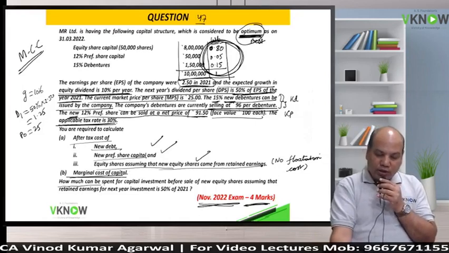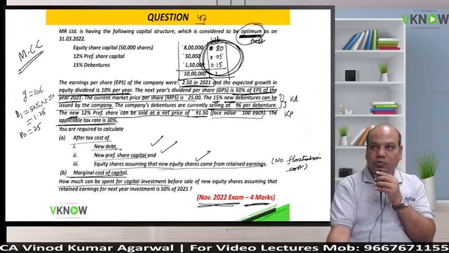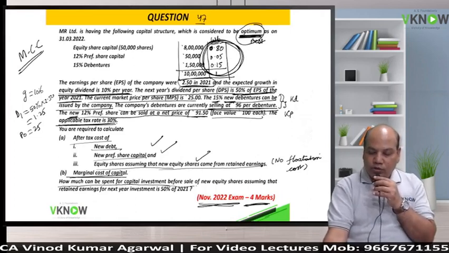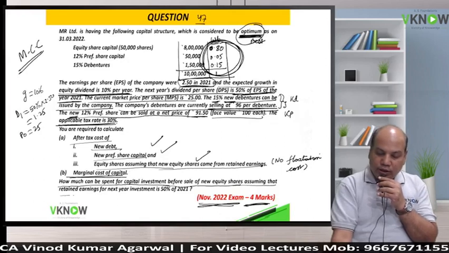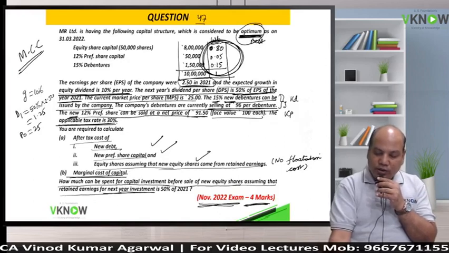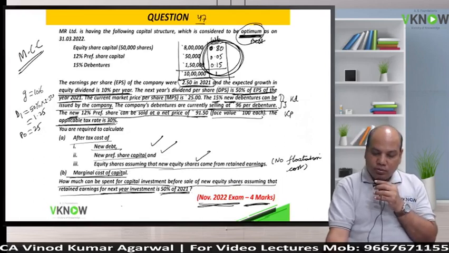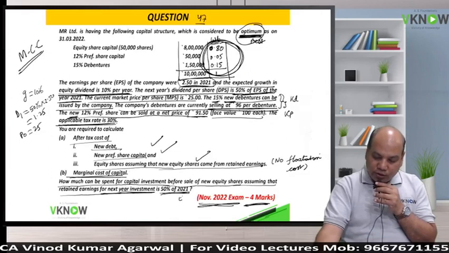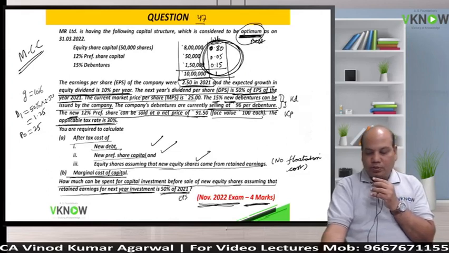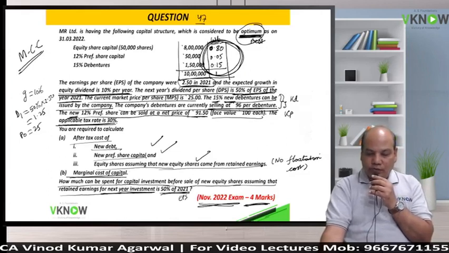Then one more intelligent question for you. How much can be spent for capital investment before sale of new equity share, assuming that retained earning for next year investment is 50% of 2021 EPS?